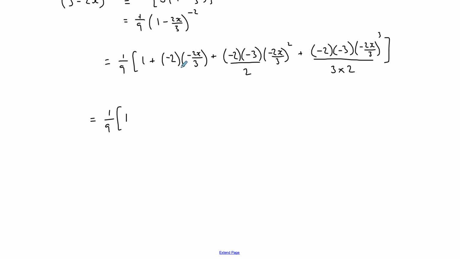I'm going to simplify each term. First term is always 1. Next term is going to be positive 4x over 3. The third term is also going to be positive because we're squaring this negative, and then we've got 2 more negatives, so that is going to be positive. What can I cancel? I can cancel a 2 there and there, and I can cancel one of these 3's.